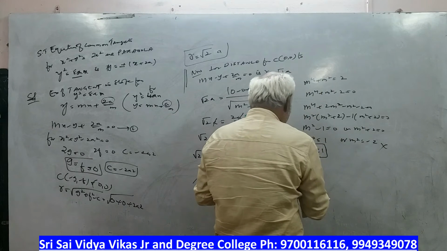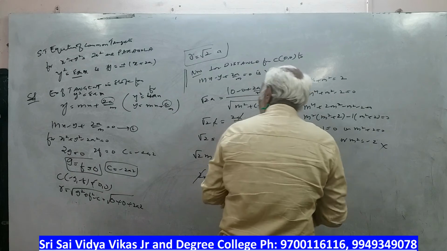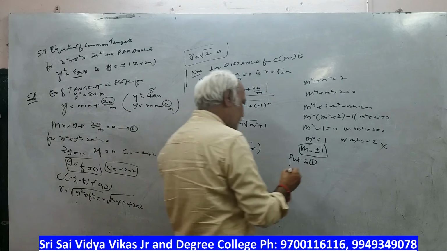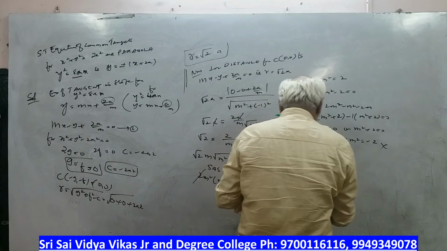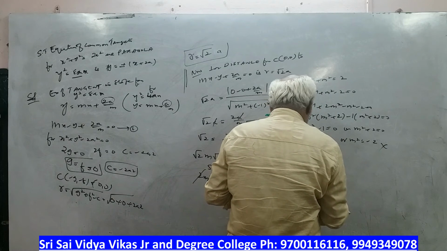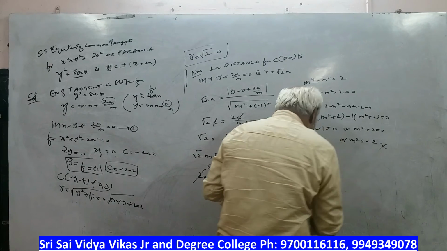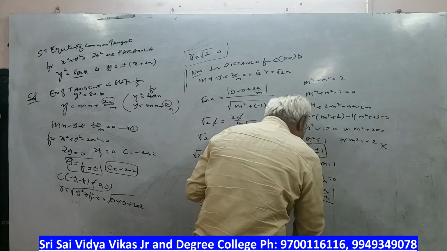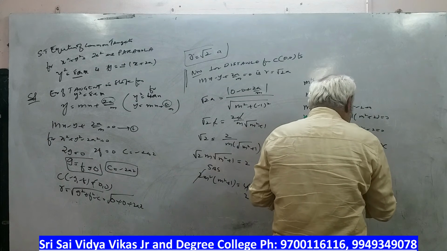Therefore, put in the first equation mx minus y plus 2a by m. Here m is equal to 1. So x minus y plus 2a by m is equal to 0, or y is equal to x plus 2a by m. First equation. Again put m is equal to minus 1.